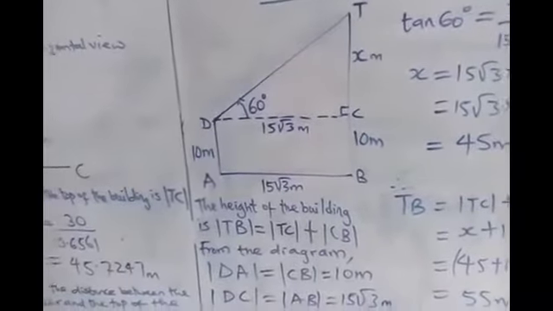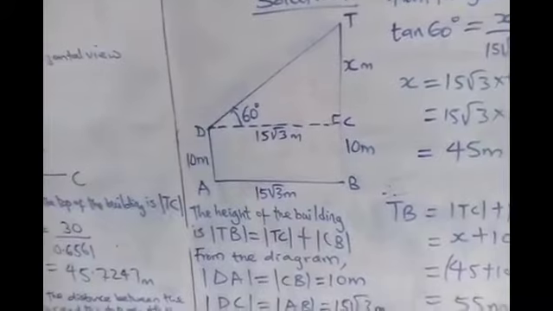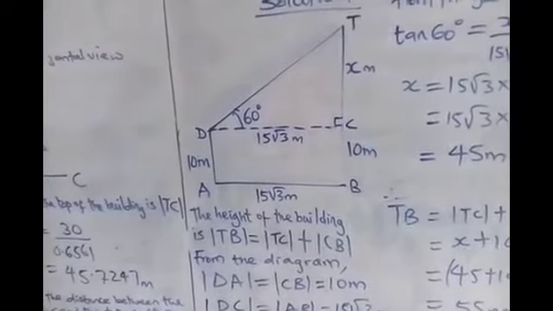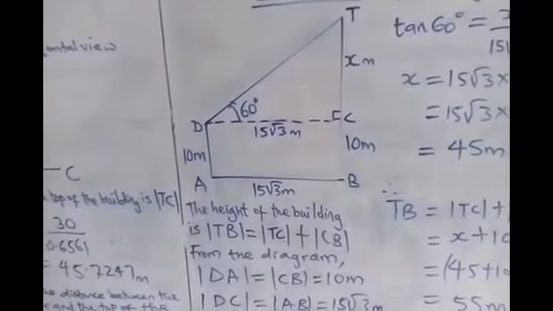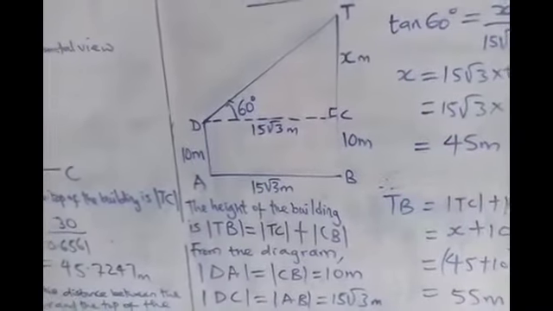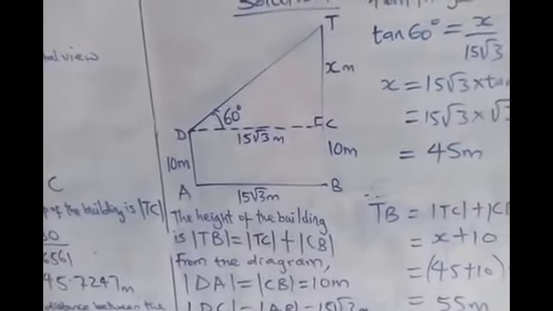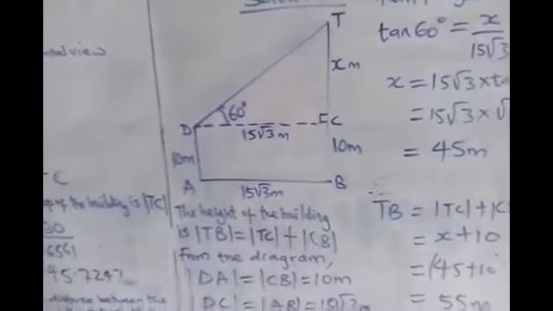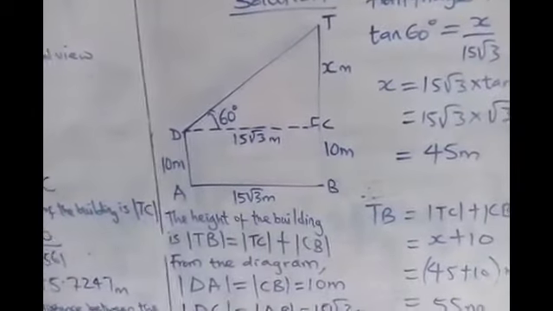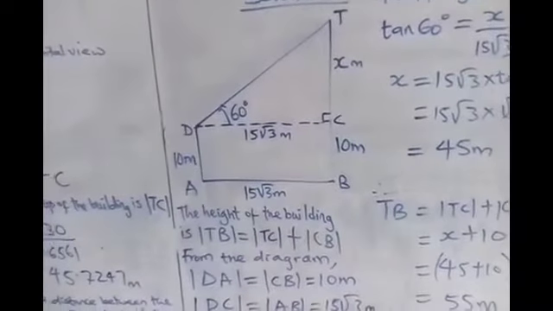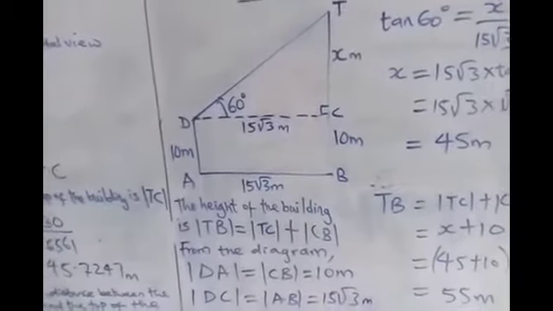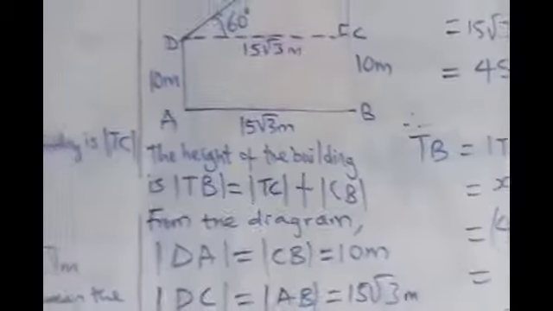If you check, the height of the building is TB, which is equal to a line now being formed into segments by the point C. And we check our requirement 4. Whenever a line is divided into segments by a point, then the length of that line will be equal to the segments formed. So we have segments TC and CB. So the height of the building, which is TB, will be equal to TC plus CB.